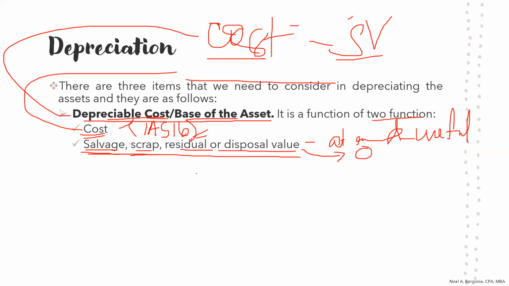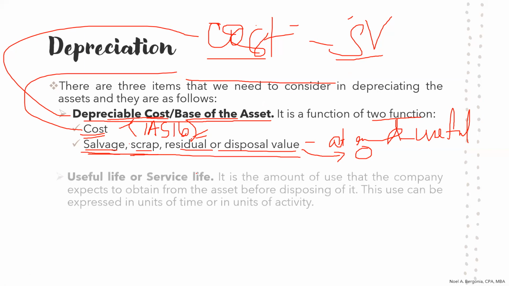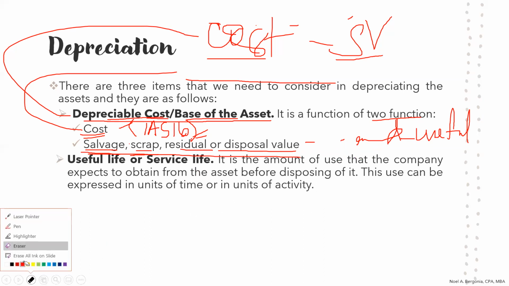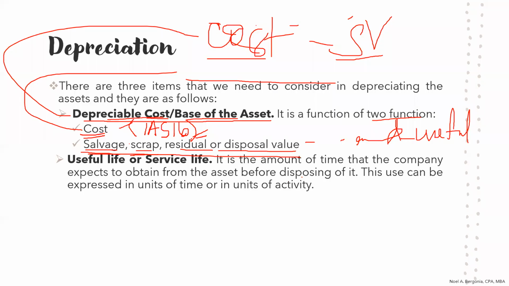Okay, so another element that we need is yung tinatawag po natin na useful life or service life of the asset. So what does this service life or useful life mean? It is the amount of time that the company expects to obtain from the asset before disposing it.